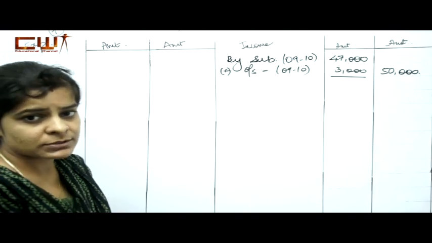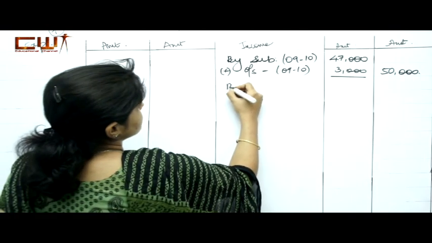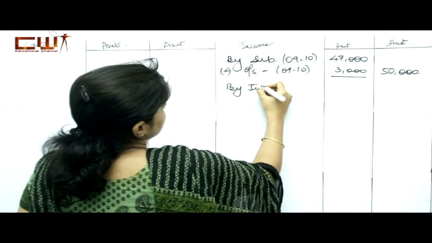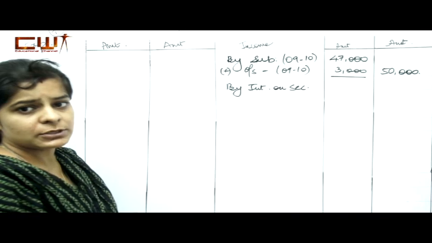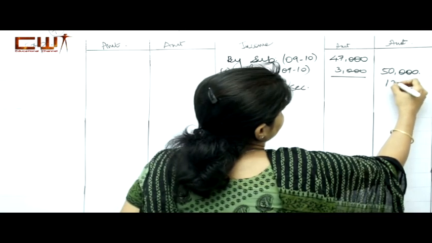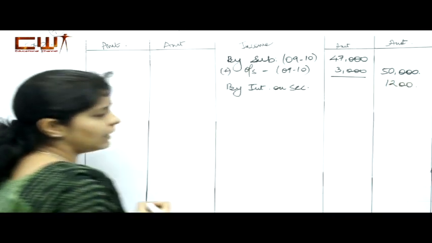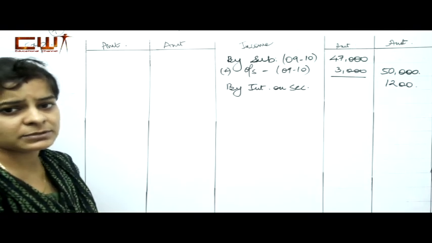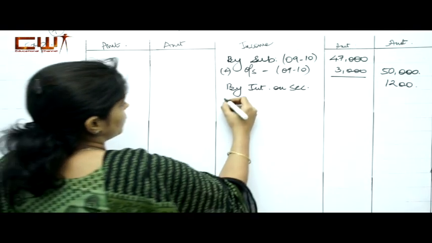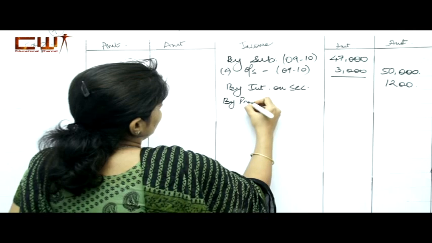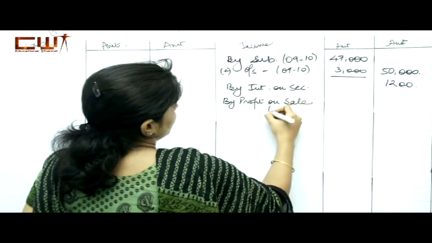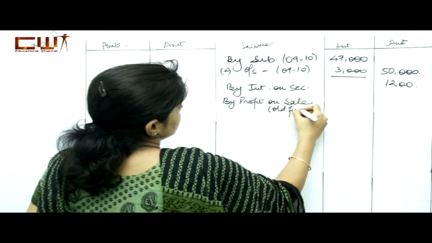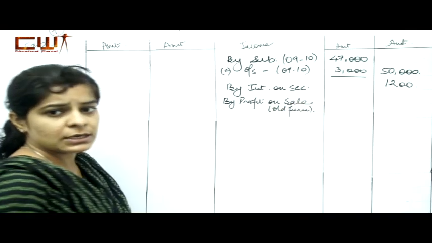Next you have interest on securities. There is no adjustment for interest on securities, absolutely no adjustment, so you will write it here finally. Right? What is the next item? The next item given is profit on sale of old furniture.